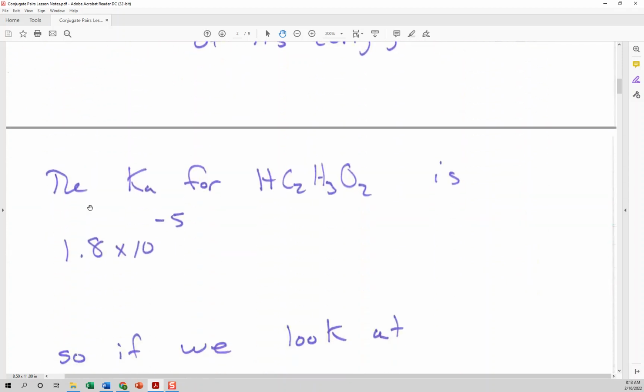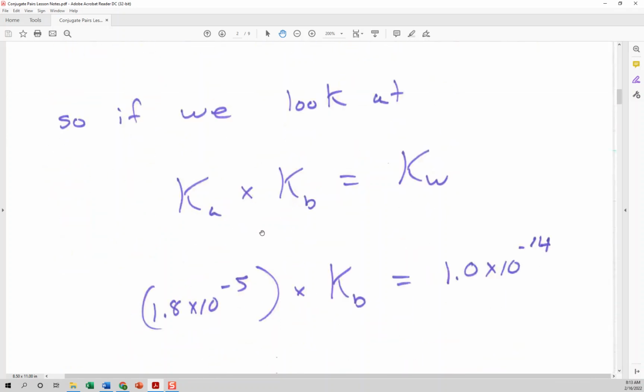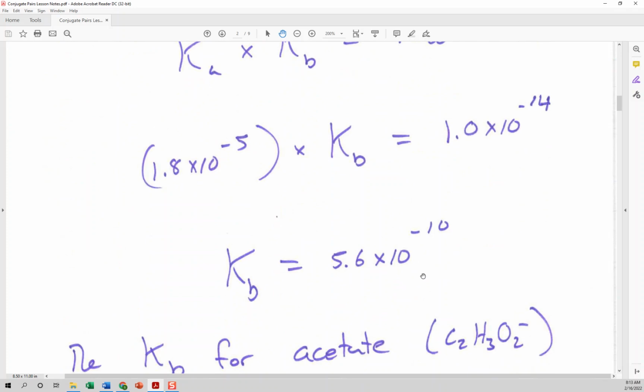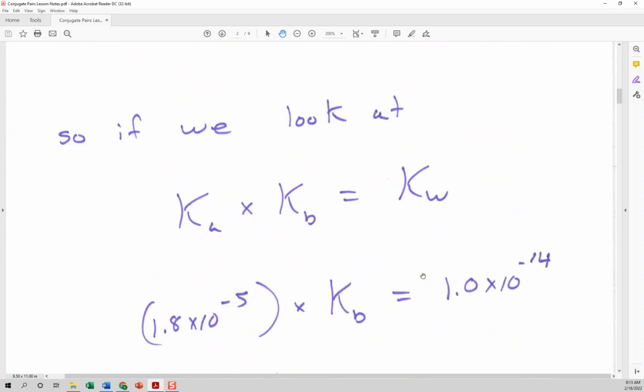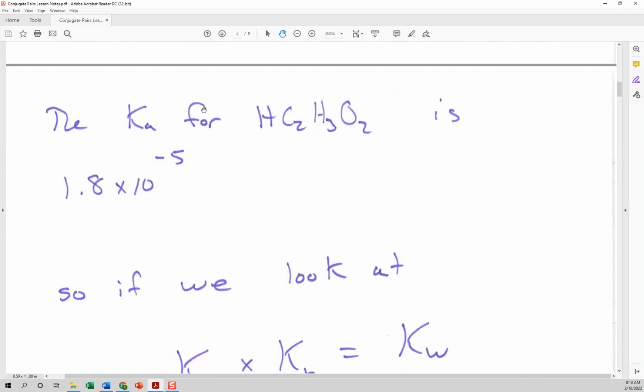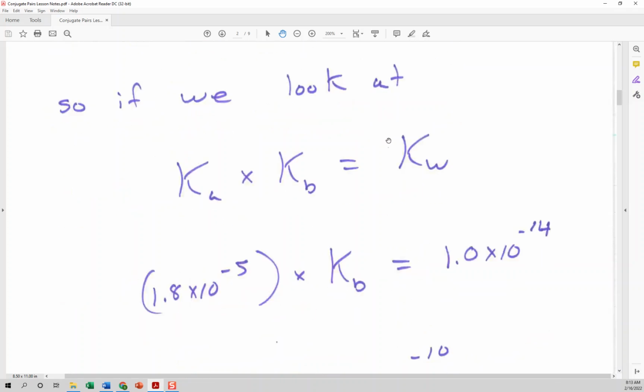So let's say we're told that the Ka of acetic acid is 1.8 times 10 to the negative 5, all right? We have to know that indirectly, the question's giving us the Kb of acetate, okay? So all I was given was this. We need to look at acetic acid and know what its conjugate base is, which is just acetate, C2H3O2 with a 1 minus charge.